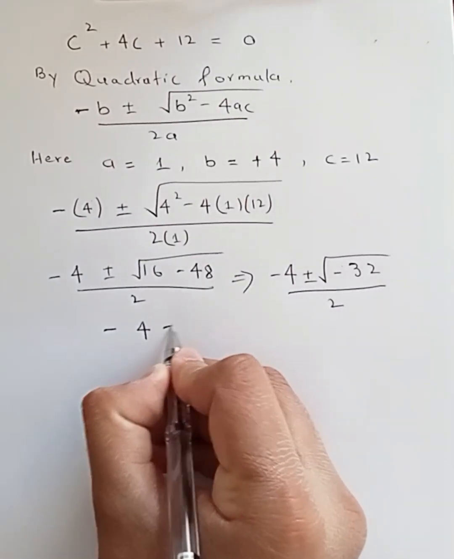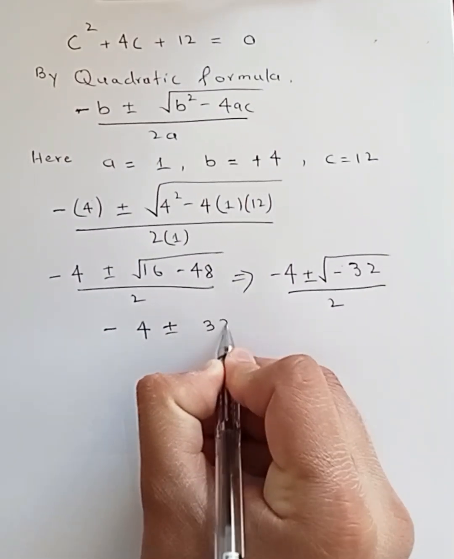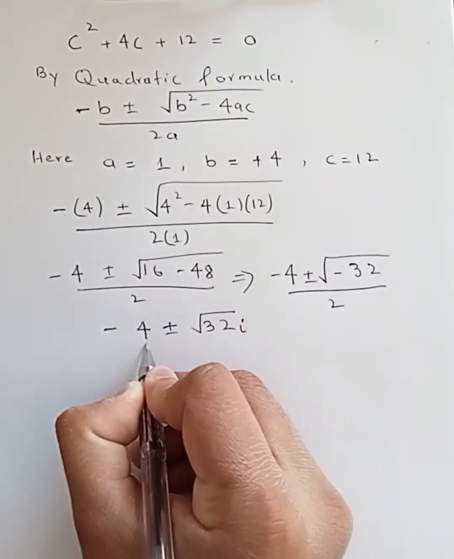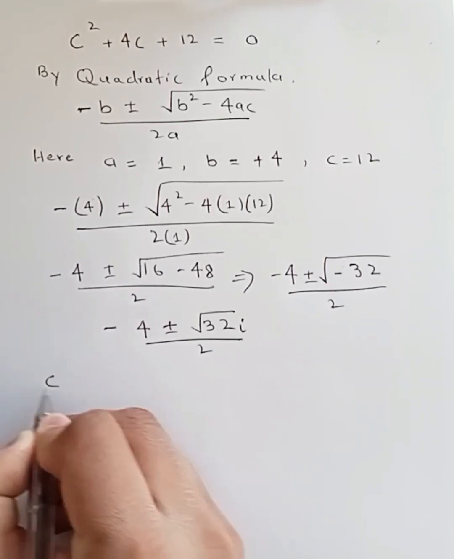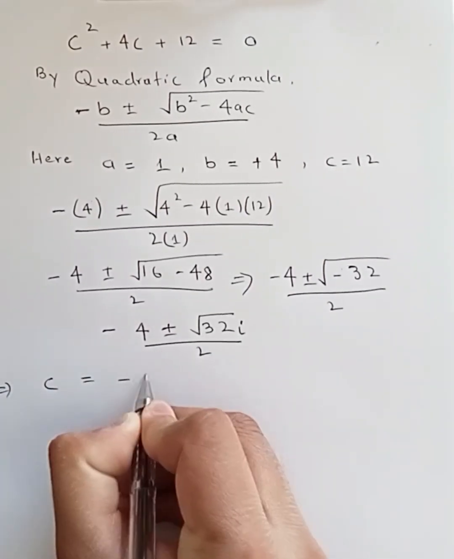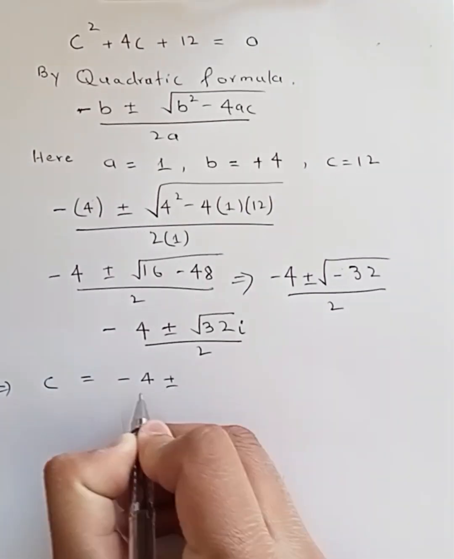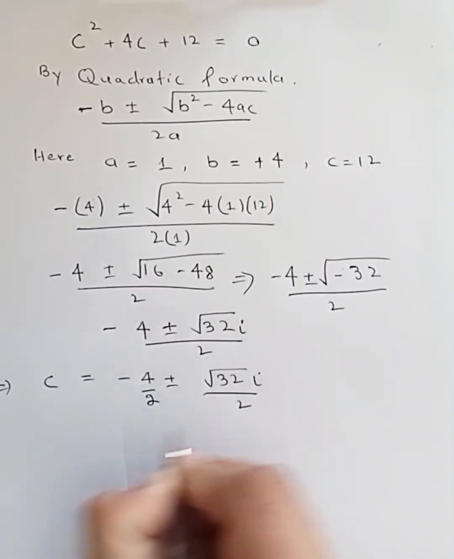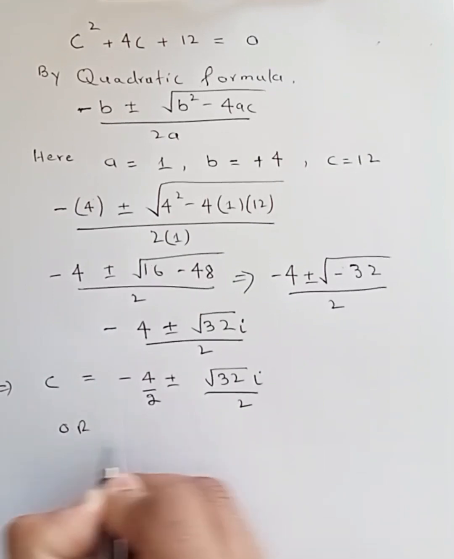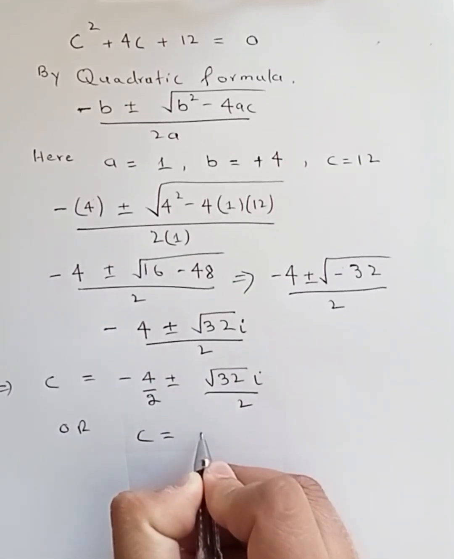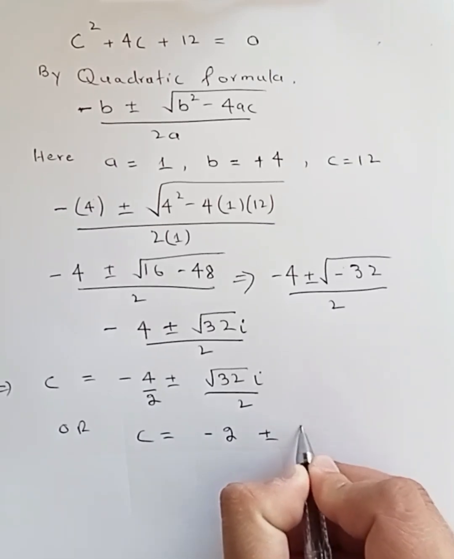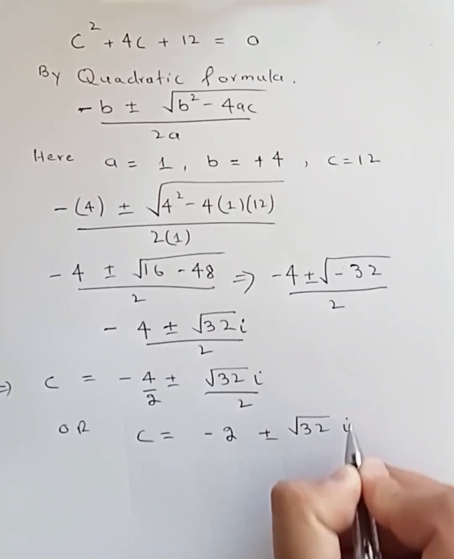So we can write plus or minus 32 iota, or small i. So c will be equal to minus 4 plus or minus the square root of 32 i, divided by 2, which splits out into c equal to minus 2 plus or minus the square root of 32 iota divided by 2.